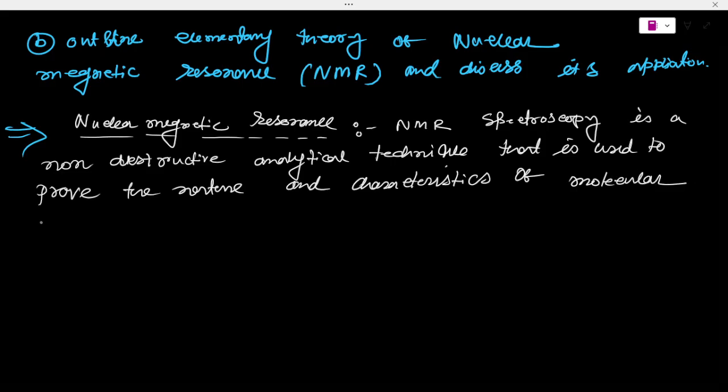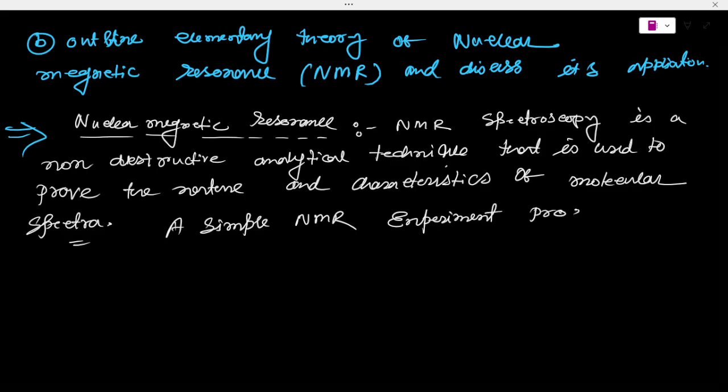A simple NMR, a nuclear magnetic resonance experiment, produces information in the form of a spectrum.